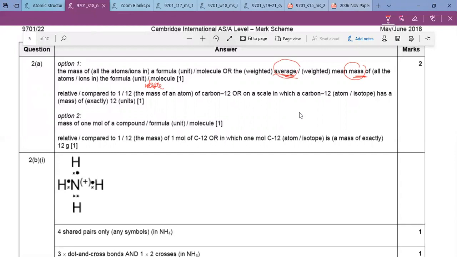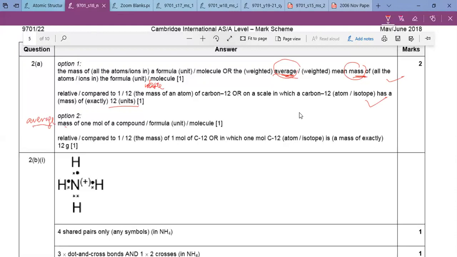That is 1 mark, compared to 1/12 the mass of carbon-12, where it is 12 units exactly, for another mark. The second option is mass of, which is very bad. I think it should be average mass, and I would penalize it in my marking scheme.